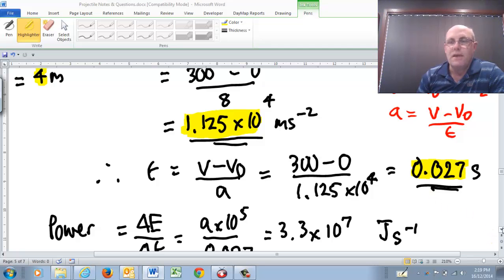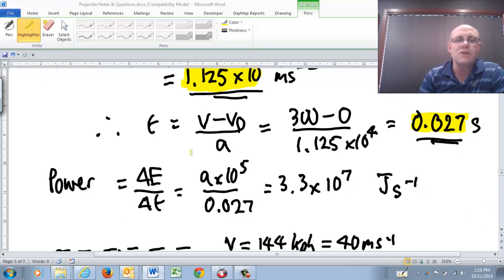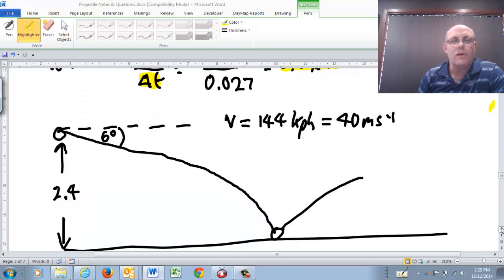Now, power is the change in the energy over the change in the time. So we know the energy changed is 900,000 joules over 0.02 seconds. That means that the power the cannon is exerting is 3.3 by 10 to the 7 joules per second, which is what we're looking at.